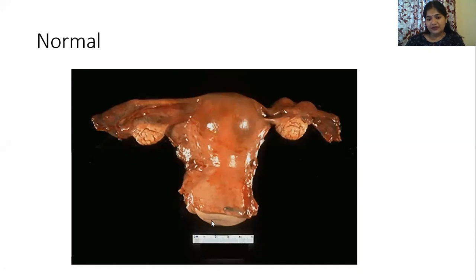This is the cervix, right? Now the structures adjacent to uterus are called adnexal structures. So adnexal structures are going to be the broad ligament, above it is going to be ovary and uterovarian ligament, then this is the fallopian tube, and anteriorly it's going to be the round ligament, right?